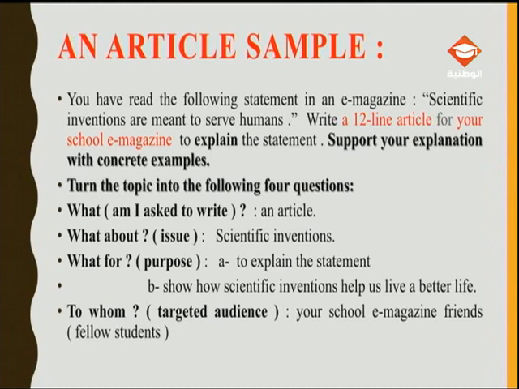Next step will be arguments. I will have to list down my arguments on a draft paper. I write my arguments and I list them. Then I start organizing my arguments from the most important to the least important, because sometimes there are main ideas and there are minor ideas.